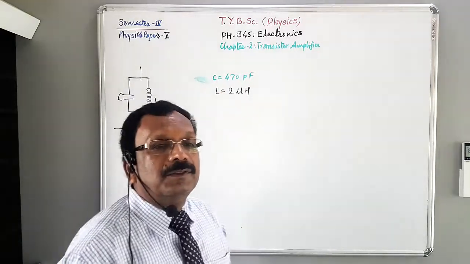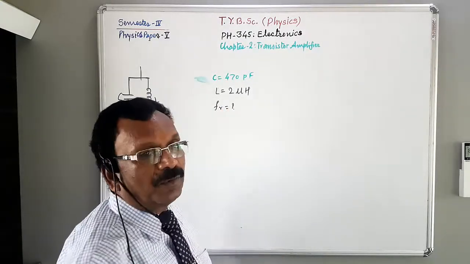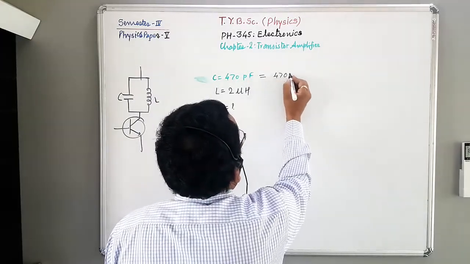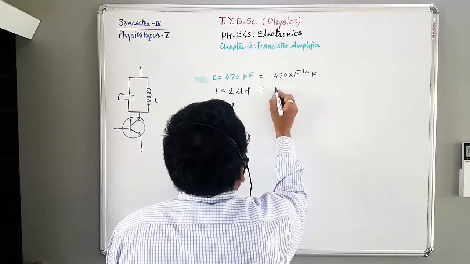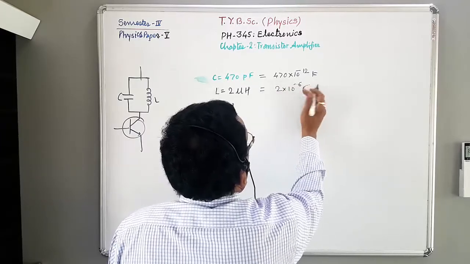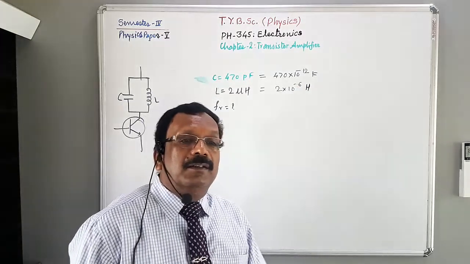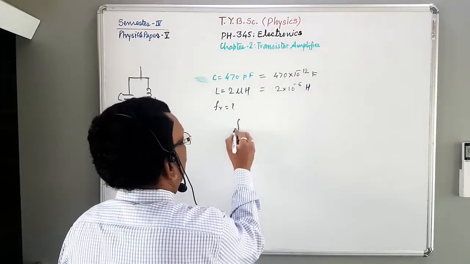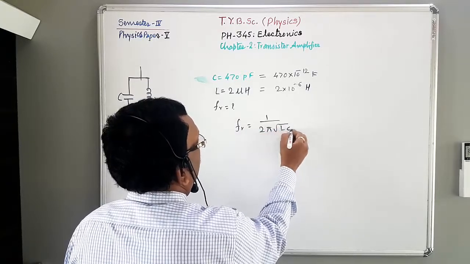Now here we want to calculate the resonating frequency. So first of all, we have to convert these into farad: 470 into 10 raised to minus 12 farad, and here 2 into 10 raised to minus 6 henry. The formula for resonating frequency is Fr is equal to 1 upon 2 pi under root LC.